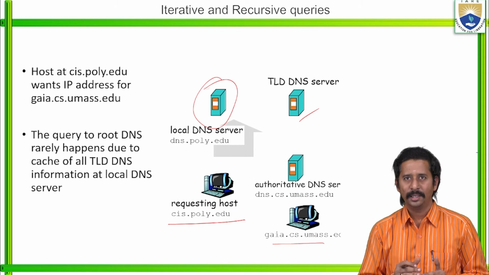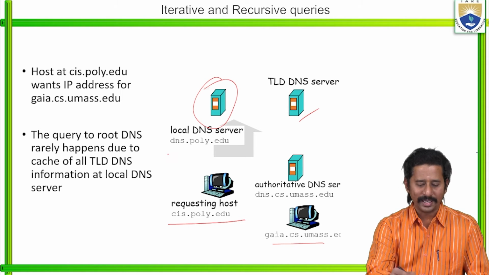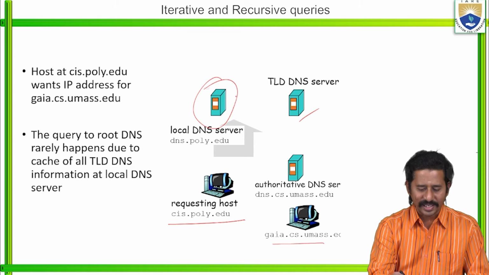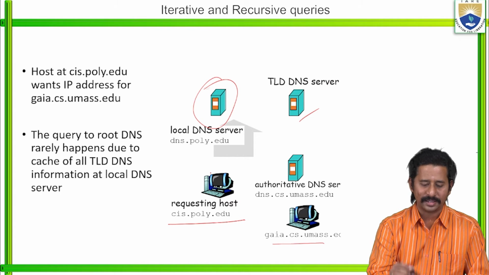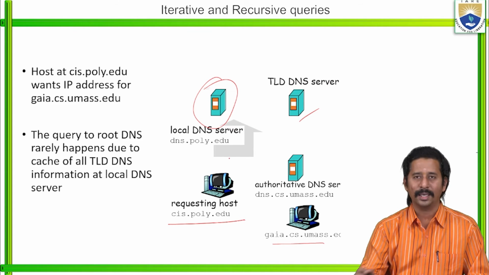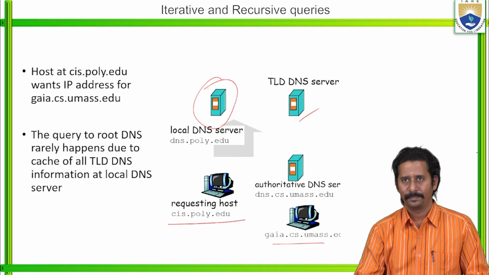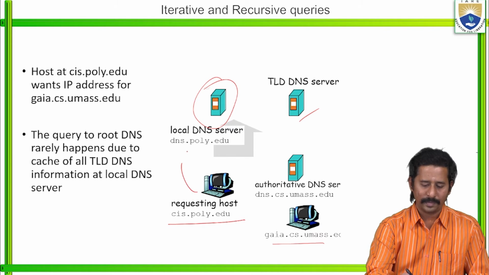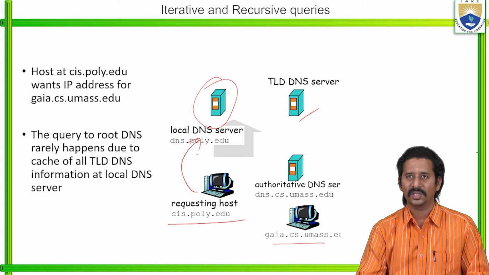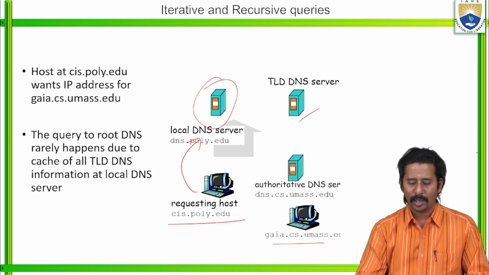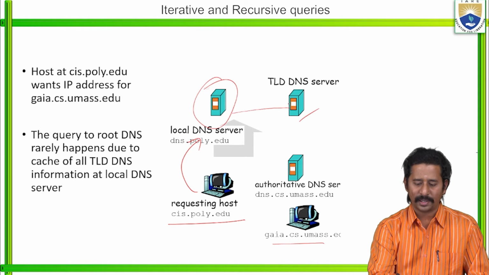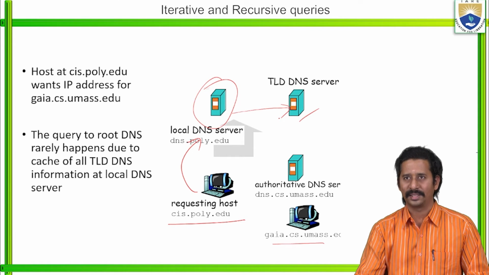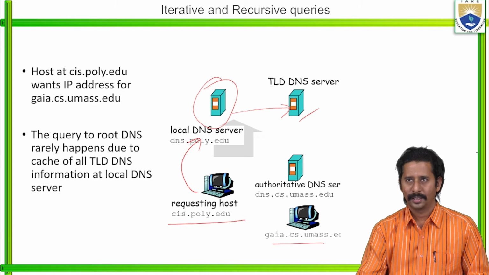Now automatically the query to DNS, rarely due to the cache of all TLD DNS information and at local DNS server. Right? See, first of all, the information is accessed from the local DNS server. If it is not there, then automatically it transmits that particular request to the TLD DNS server. Right?